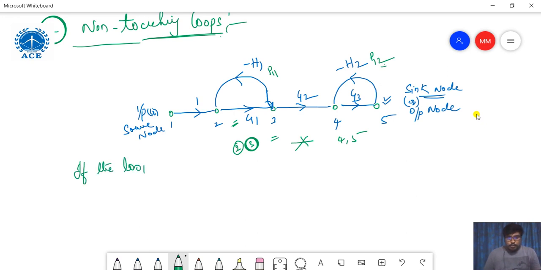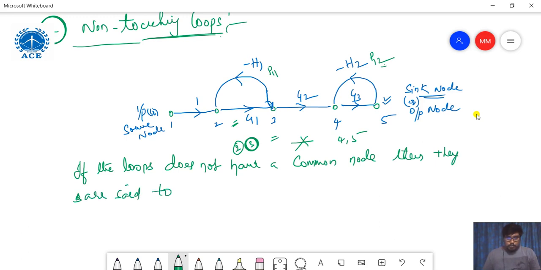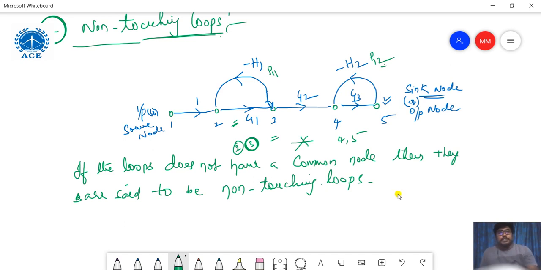If the loops do not have a common node, then they are said to be non-touching loops. Okay, clear.